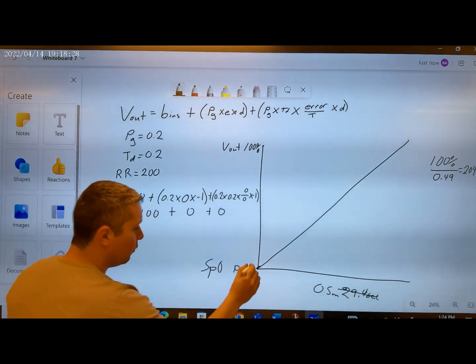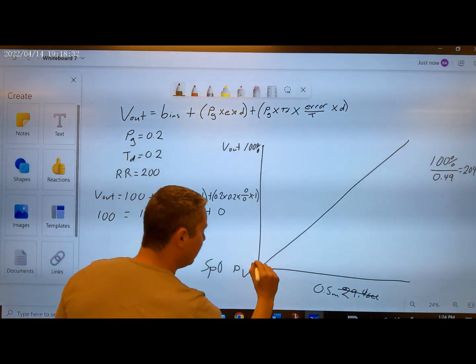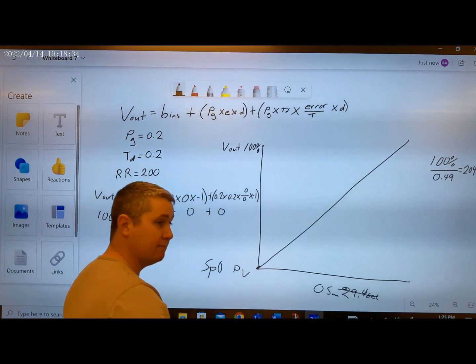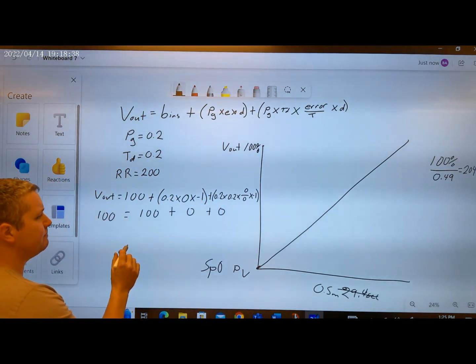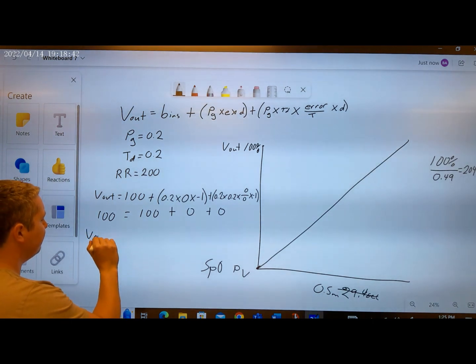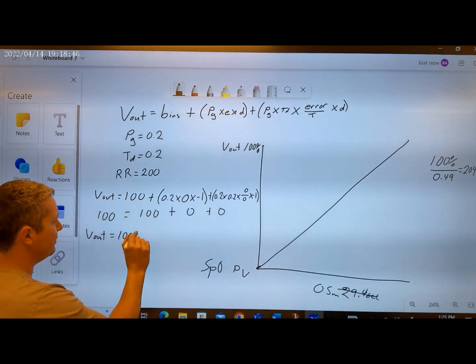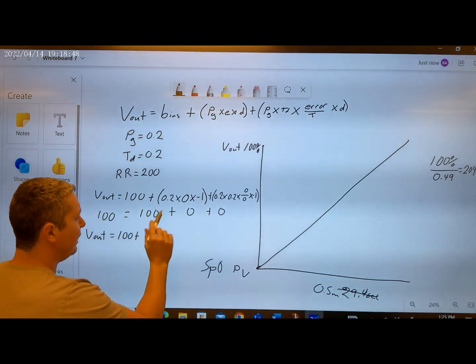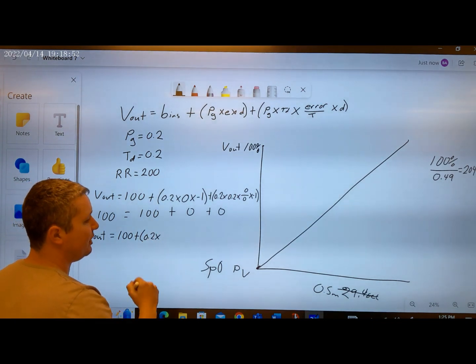Now, we start ramping. And as soon as we start ramping, right at 0.1 second, what's going to happen? We are going to have V out equals 100 plus our proportional gain times our error.